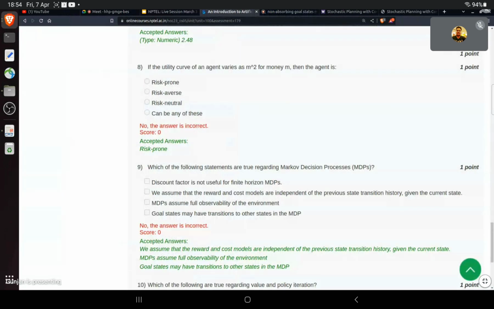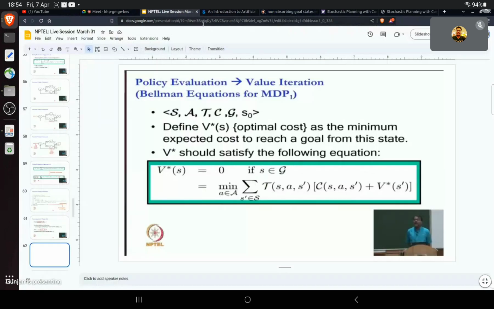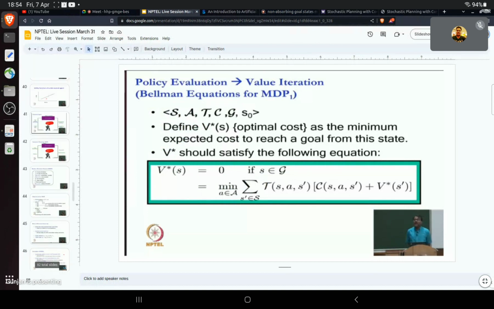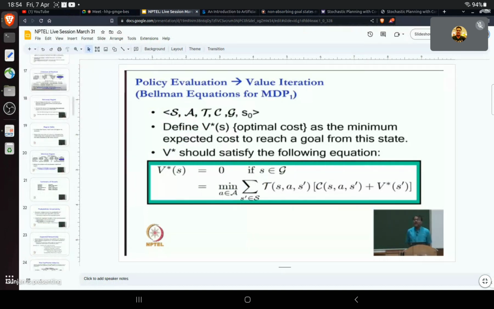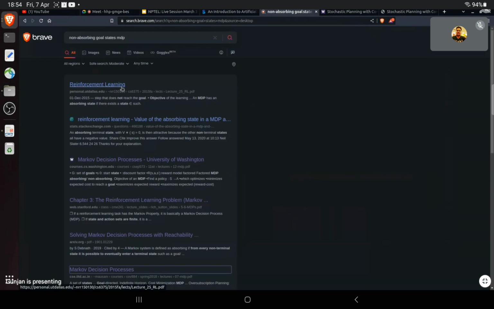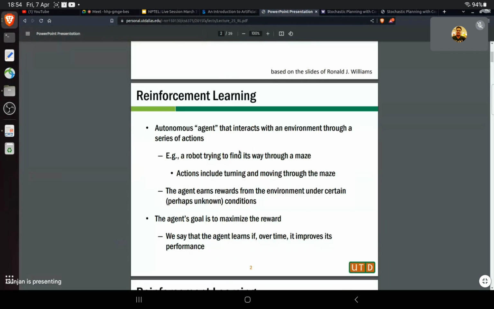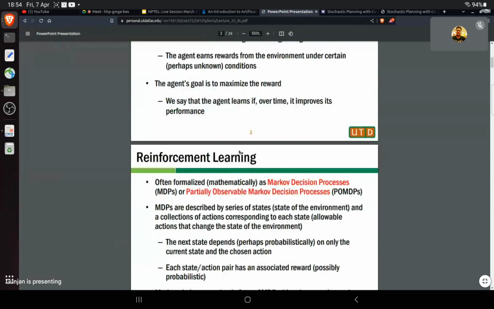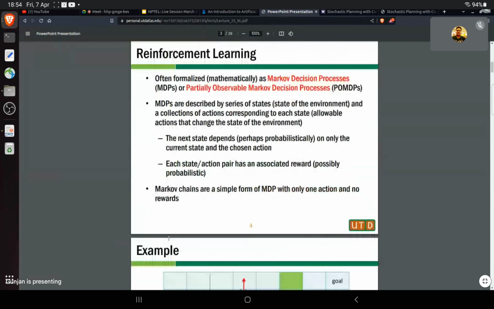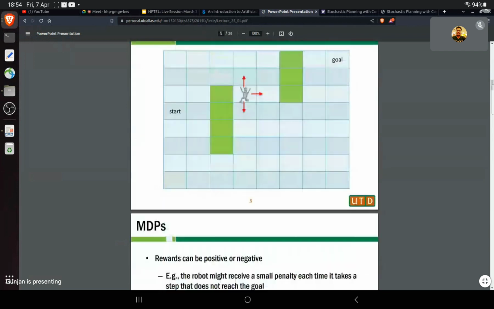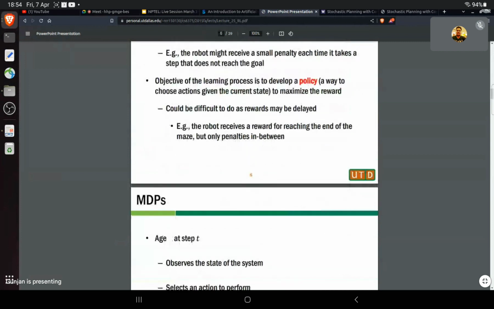Absorbing state means you just reach there and then it's done. That's what even the general sense of absorb is like. After you reach that state, there will be no further actions. An absorbing MDP is a type of MDP with at least one absorbing state, meaning that once the system enters the state, it will remain there forever.